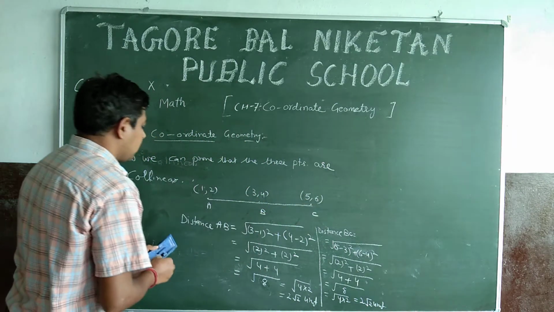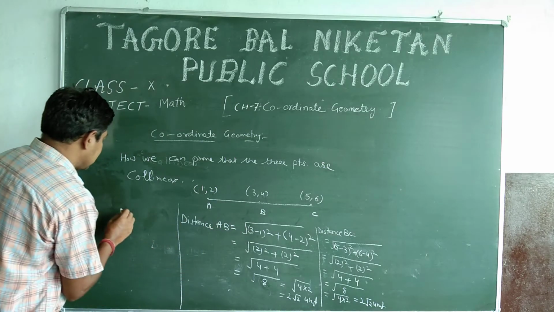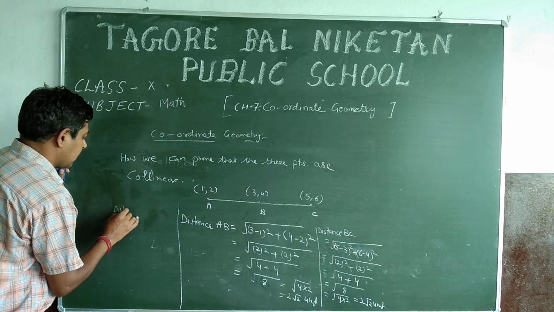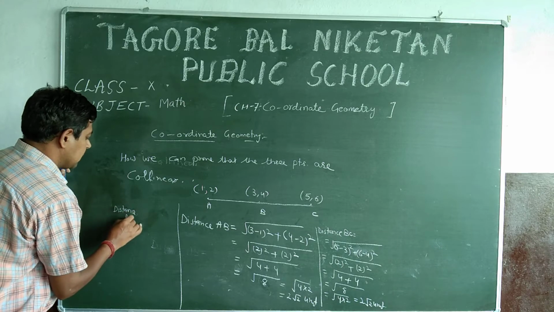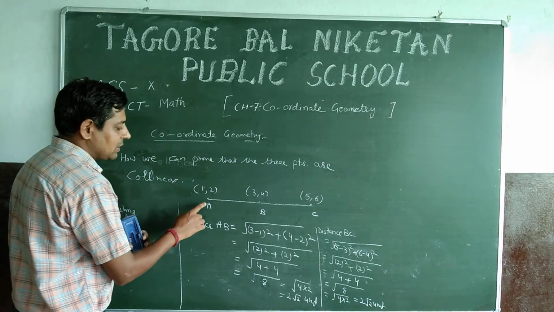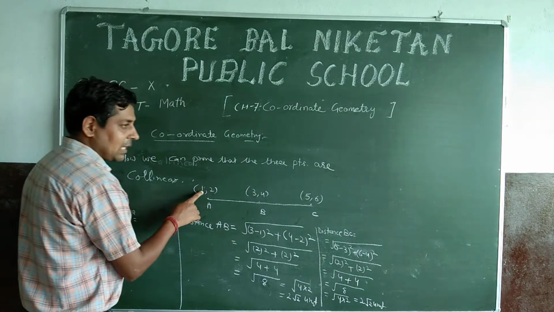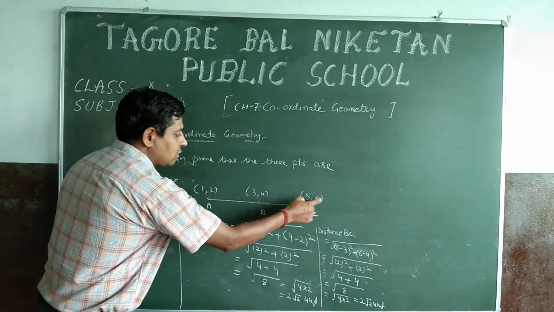Now we shall find out distance AC. This again we can find out by the distance formula. We can apply it between A and C. This is our x1, y1, x2 and y2.